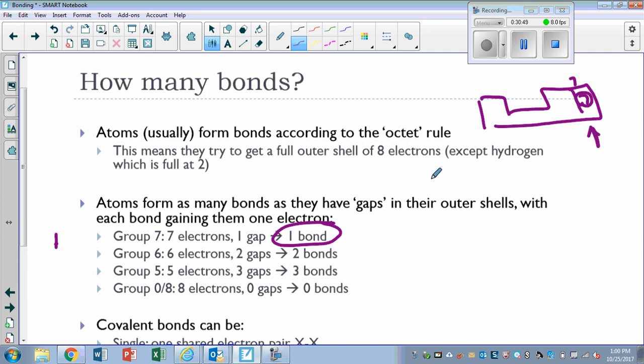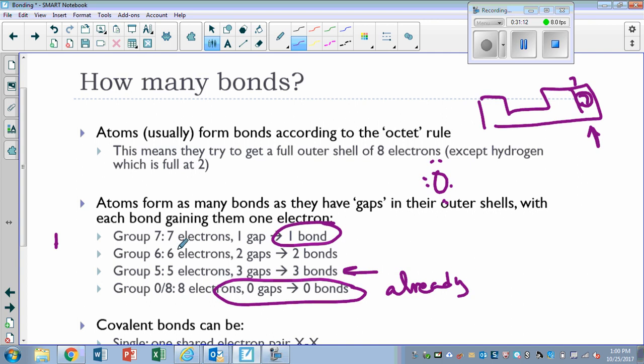Group 16 elements, who have 6 valence electrons, will make 2 bonds. Usually they are also the ones who make double bonds. And group 15 elements are going to make 3 bonds, and they are usually the ones who are going to make triple bonds. And group 18 elements will not bond at all because they already have 8 electrons in their octet.